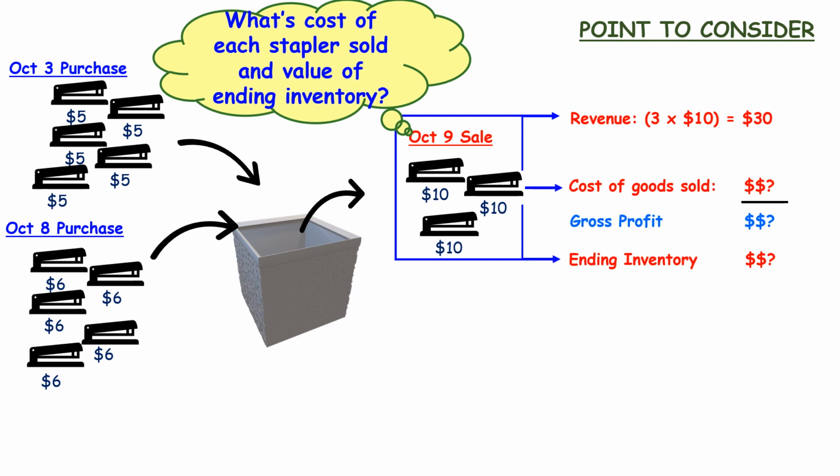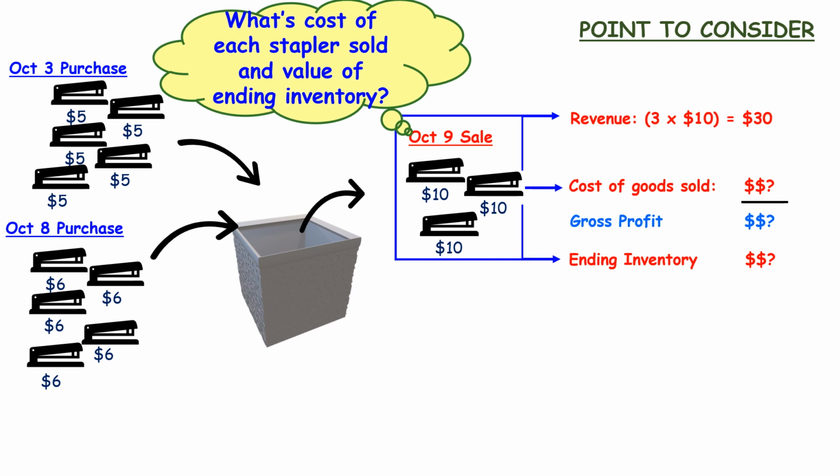Two things make it hard to answer this question. Number one, all staplers are identical, the same. So when I was picking up, I didn't know I was picking up $6 ones or $5 ones. The second thing that makes it difficult is that these staplers are at different costs. Some are at 5, some are at 6.